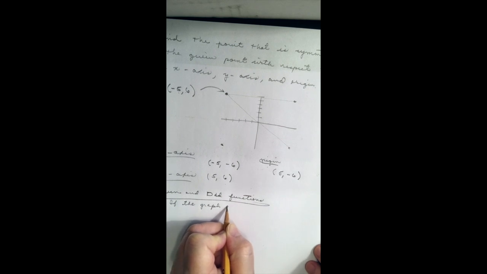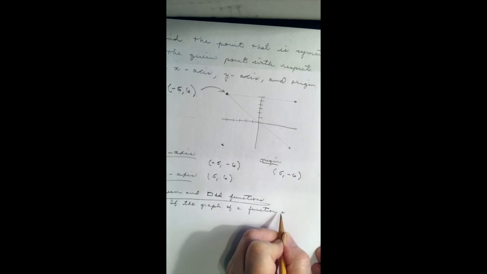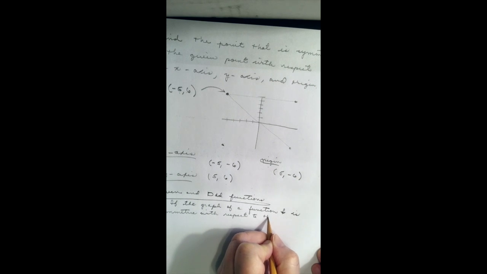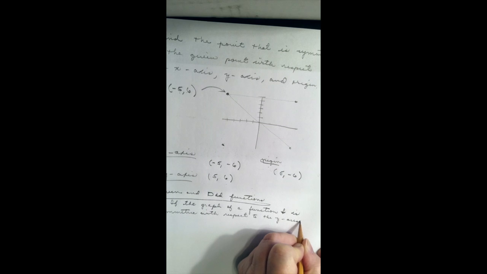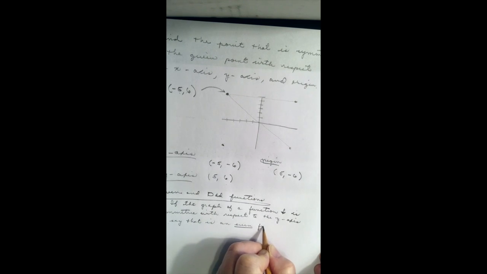Okay, so if the graph of a function f is symmetric with respect to the y-axis, we say that it is an even function.